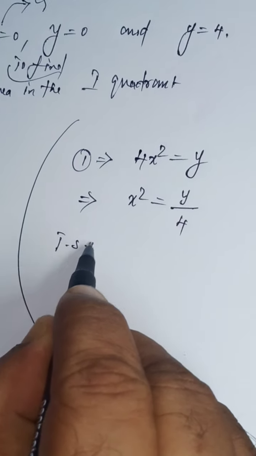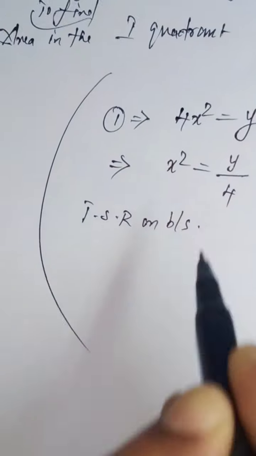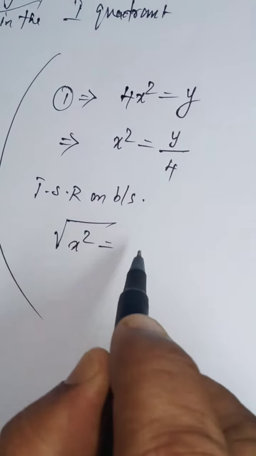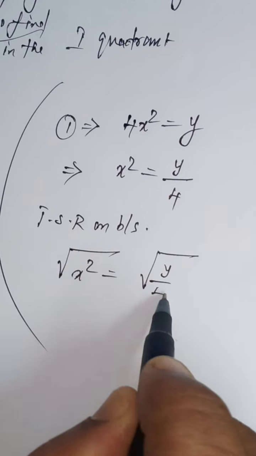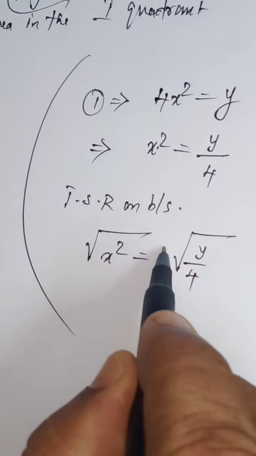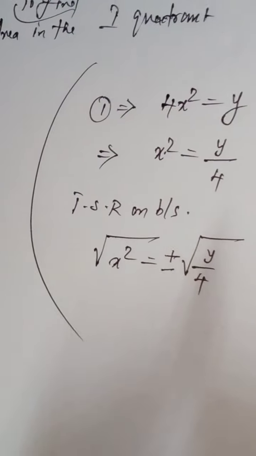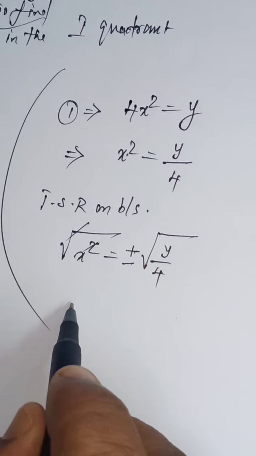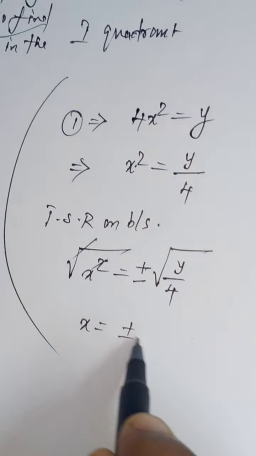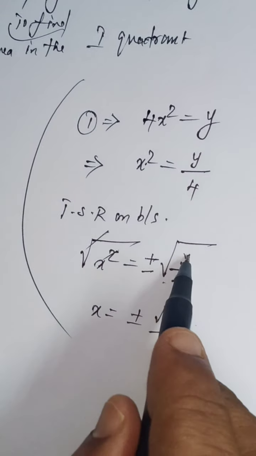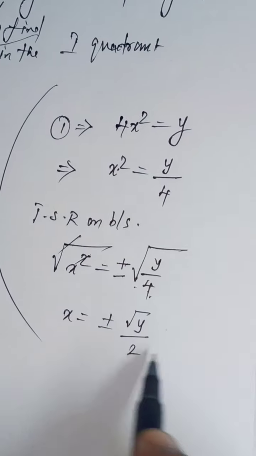Taking square root on both sides, since x squared is there, while taking square root you have to introduce plus or minus. Square and square root get cancelled. X equals plus or minus root y divided by root 4. What is the value of root 4? 2.